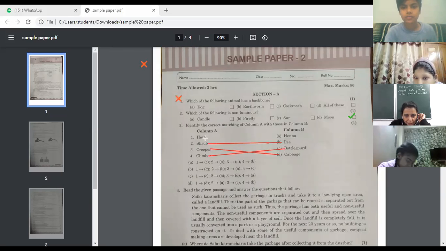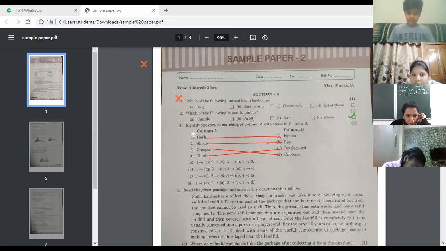So see which is the matching. Ma'am, henna. Okay, now see the perfect matching. See the matching, beta.